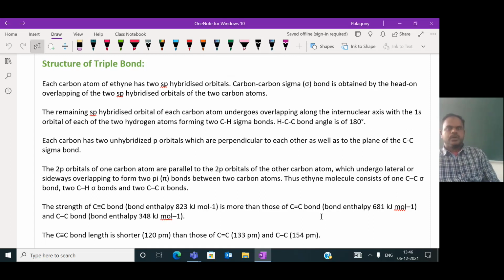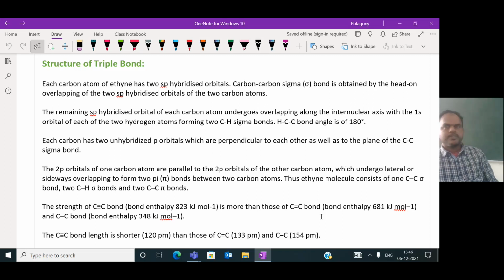So alkynes, similar to alkenes, exhibit position isomers and also branched isomers. Similar to alkenes, alkynes are also more reactive due to the presence of pi bond electrons.